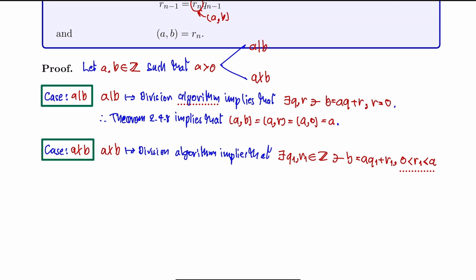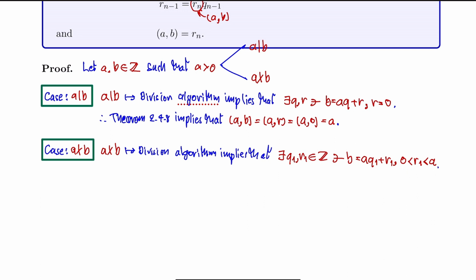R must be greater than 0. If R is 0, this means that A divides B. But in this case, A doesn't divide B, so R1 cannot be 0.